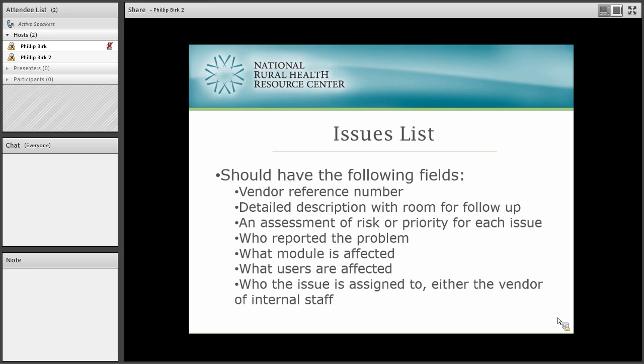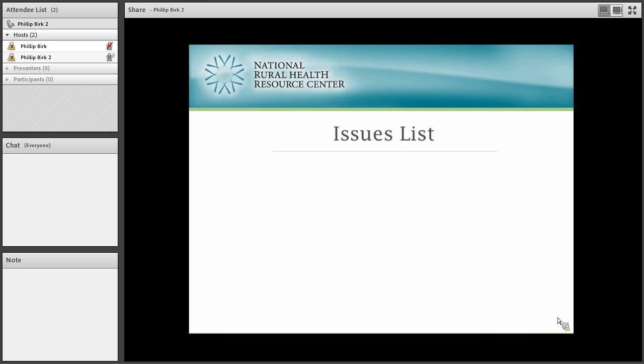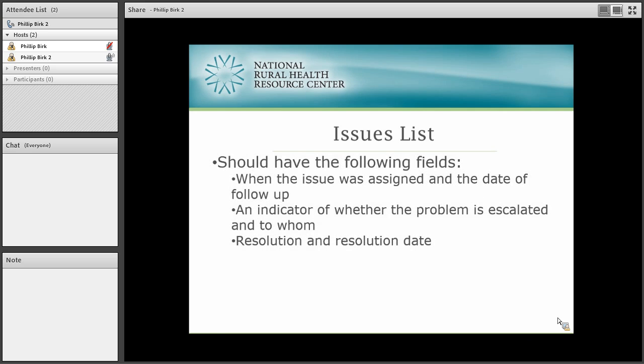So let's talk a little bit about that issues list. These are some of the fields that I think are important. If your vendor has a reference number for their tickets, just about every vendor does. You want to have that detailed description so you can include follow-up.